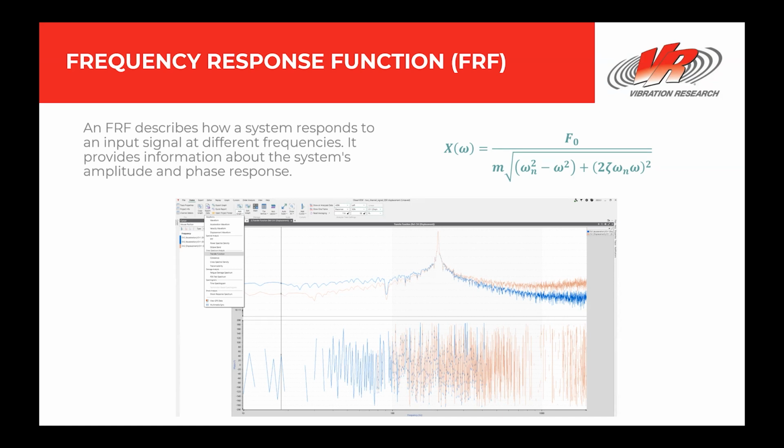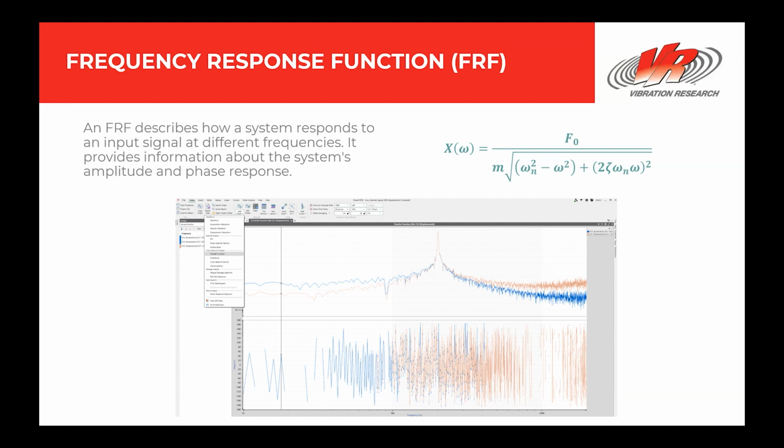An FRF shows how the output amplitude varies with frequency. The FRF function can be derived from the equation of motion and includes a forcing function, call it F sub 0, mass, m, natural frequency, omega sub n, a damping factor, which is represented by zeta, and an input frequency, omega.